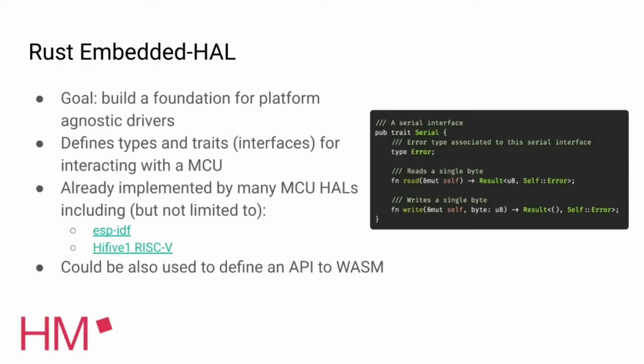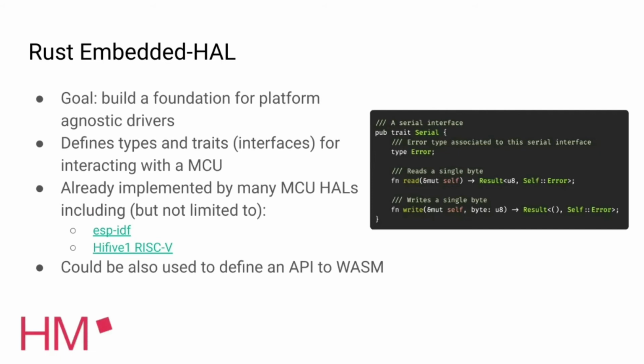We wanted to give you a quick shout out to the Rust Embedded HAL, the hardware abstraction layer. The idea there, and this is a project that we have also incorporated now, is to build a foundation for platform-agnostic drivers. It defines types and traits, which is very interesting if you want to abstract a little in terms of interfaces.